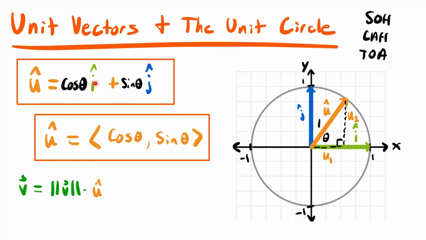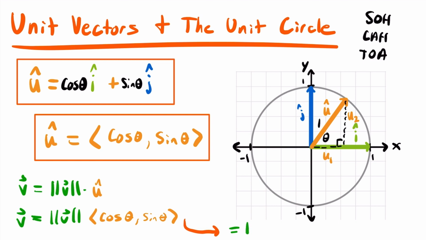And so using these definitions of that unit vector, we could also say that a position vector v would be equal to its magnitude multiplied by this unit vector of cosine theta comma sine theta, which would then also be equal to the magnitude of vector v times cosine theta times vector i plus the magnitude of vector v times sine theta times vector j.